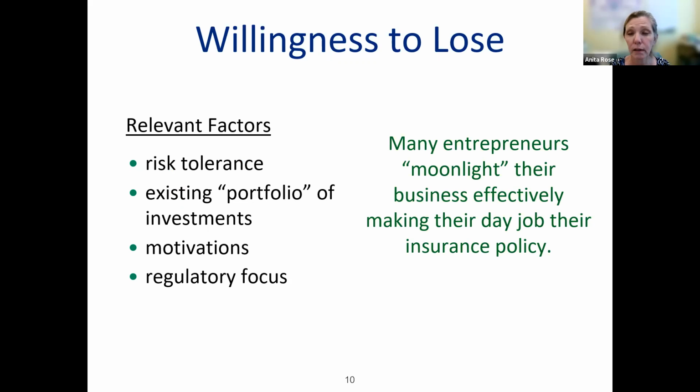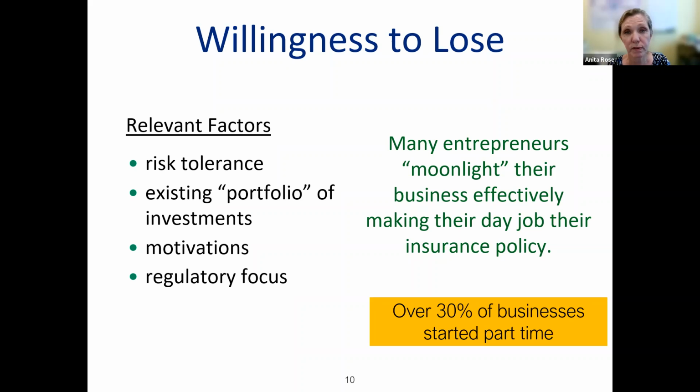So certainly many entrepreneurs moonlight or do part-time work to get things rolling for themselves. Oftentimes students will start a business while they're still living at home because they don't have the expense of an apartment or all the other factors that go into maintaining your lifestyle, or they will have a full-time job and start a business as a part-time job.